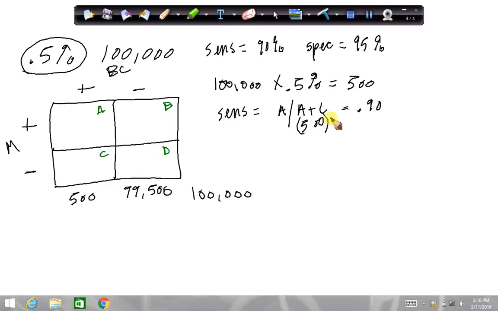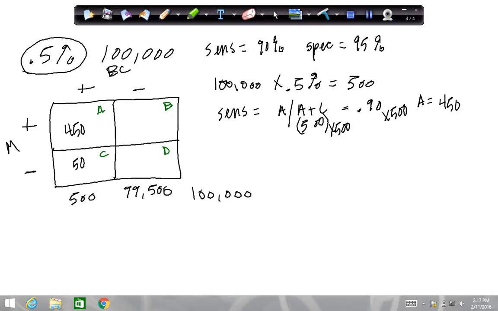So we'll just times by 500 here, times by 500 here, and A equals 450. So now we can plug that in here on our table, and then we can get C by subtracting 450 from 500.